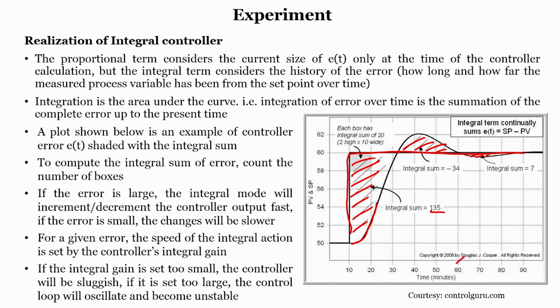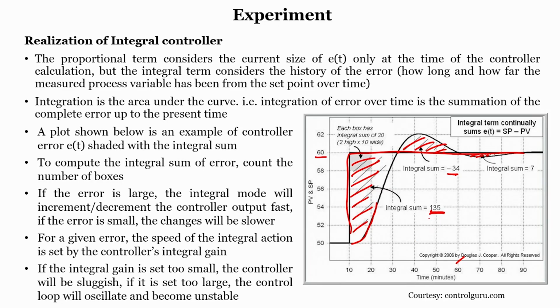Suppose if it is at 60, so the integration sum will be minus 34 here and this is 135. Because in this case it is a little higher compared to the set point, right. So with the 135 quantity, it is going to be more than the required set point, that means 135 is not the actual value. So I have to decrease it.